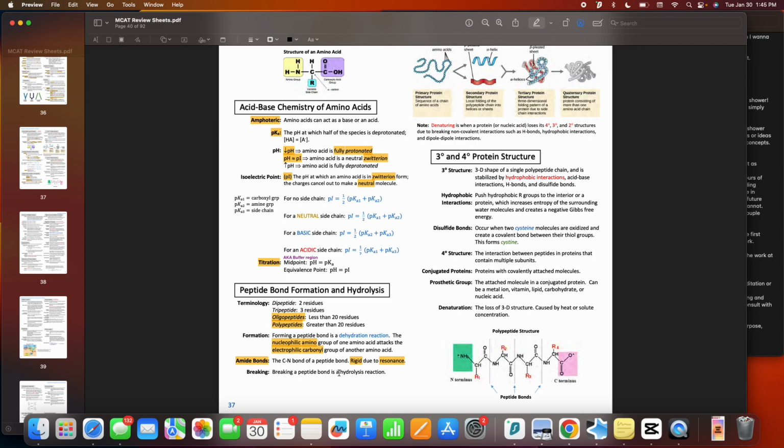Breaking a peptide bond is a hydrolysis reaction. So when you break the peptide bond, you need water. You need the oxygen probably to attack the carbonyl carbon and replace the nitrogen. So you need to break your proteins with water.